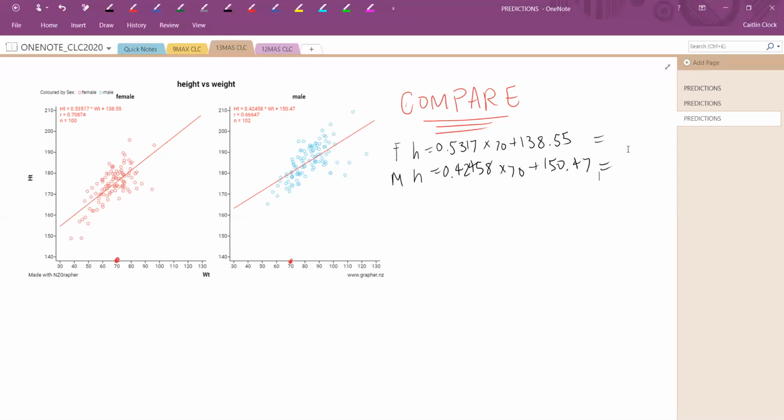Oh, because I did 150 plus 47. That's not right. Haha. 0.47. Good. See, what I've done is I've got something like 200, and I realized it shouldn't be 200, it should be 180 or 170. So if that happens, you can realize, oh, I must have typed something wrong. So this one's 180.19, and this one is 180.5.